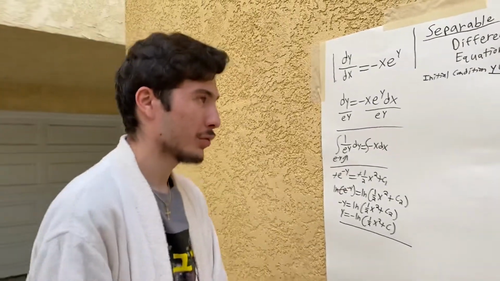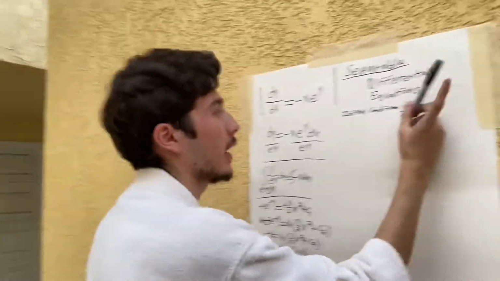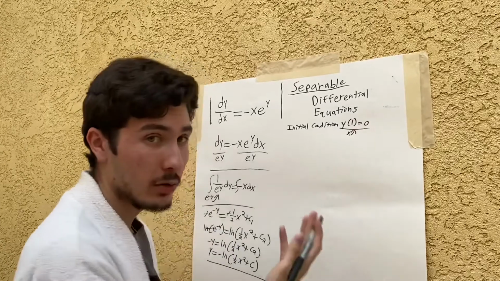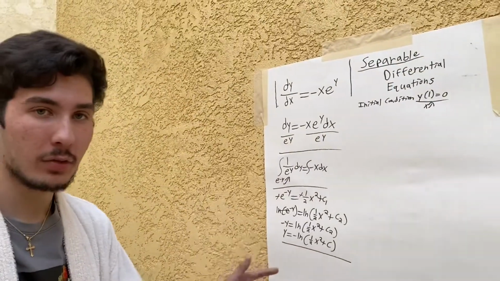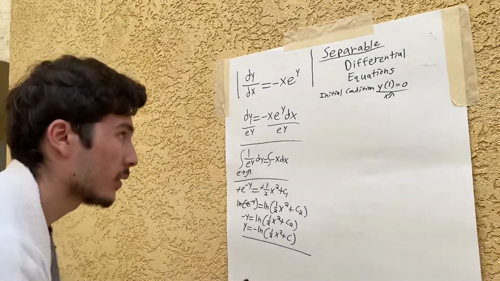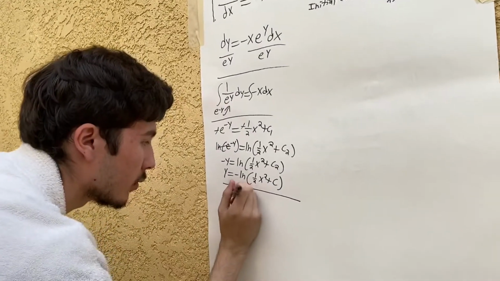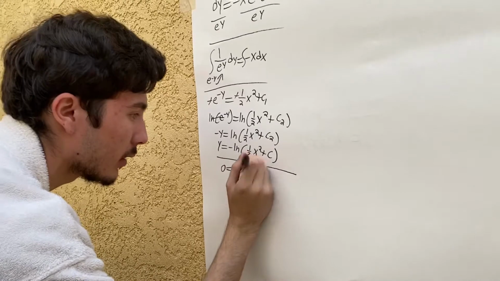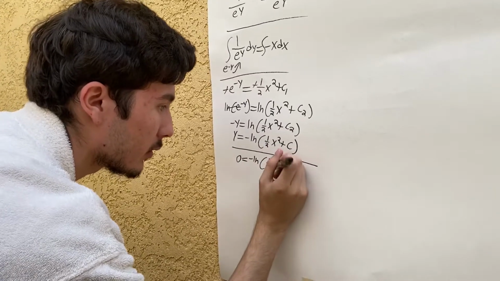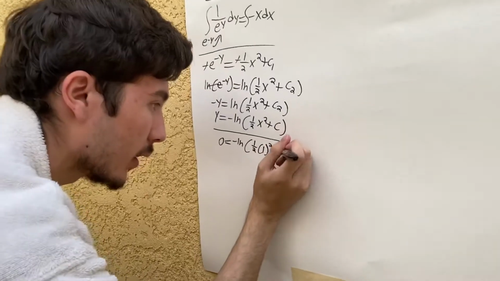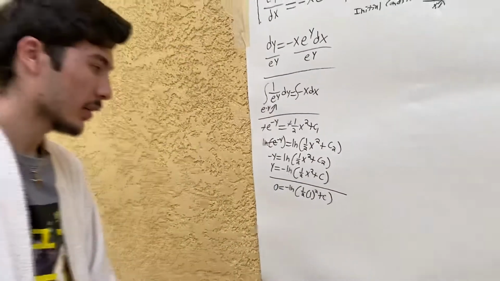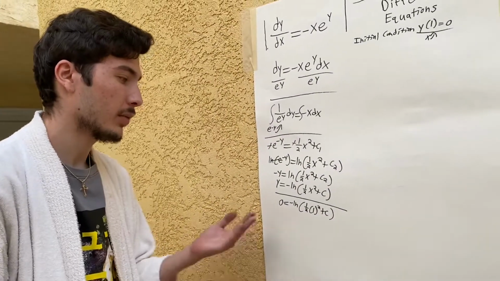So x is going to equal 1, and y is going to end up equaling 0. So we just plug those values into this equation. We're going to end up with 0 equals negative ln of 1/2 times 1 squared plus c, because we're plugging in 1 for the x.